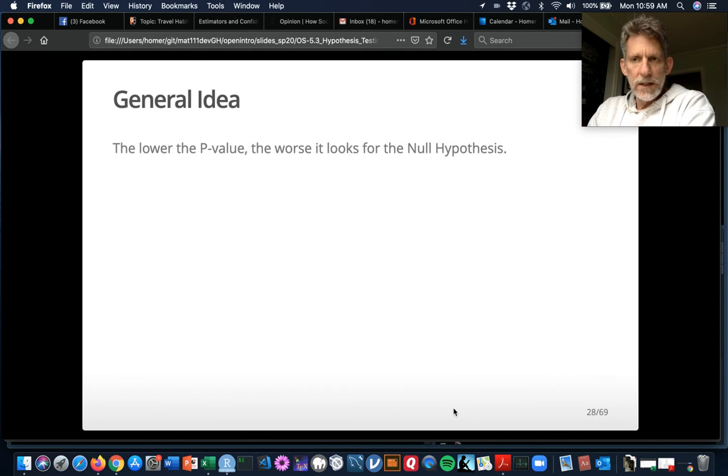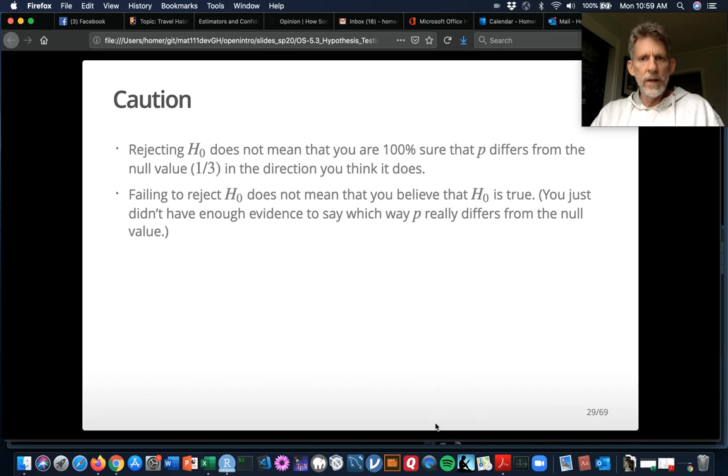So the general idea for making a decision in a test of hypothesis is to look at the p-value that you computed. And the lower the p-value is, the worse it looks for the null hypothesis, the more inclined you should be to reject the null hypothesis. Just keep in mind, rejecting the null hypothesis does not mean that you're somehow 100% sure that the real value of p differs from the null value in whatever direction your data led you. Because your data is the result of a chance process when you sampled.